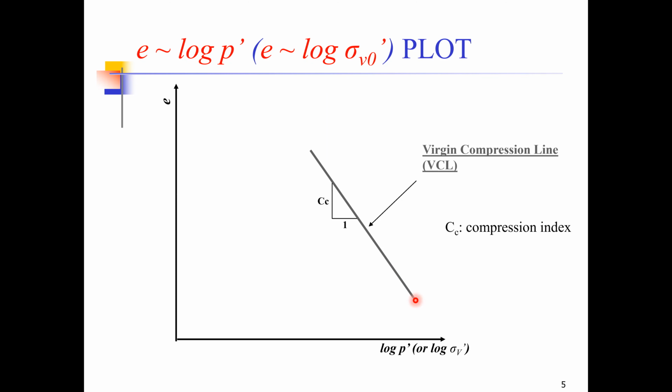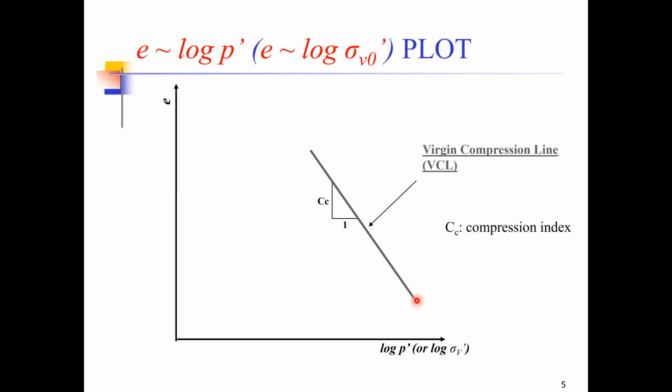And when we reduce the pressure, what should happen? The soil which was initially being compressed should start swelling back again. Initially the void ratio was being reduced because of compression.